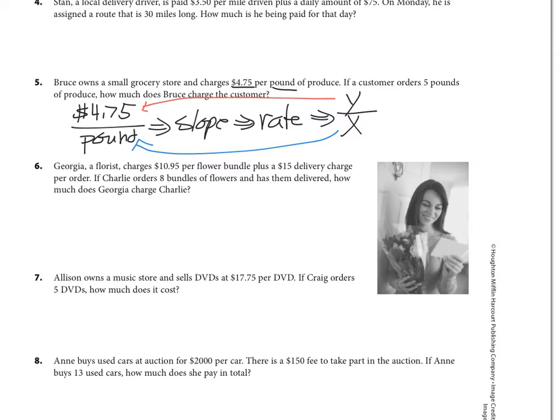So our independent variable here is the number of pounds. So number of pounds is our independent variable. So our dependent variable is our top portion, our y, which is the cost. That's our dependent variable.